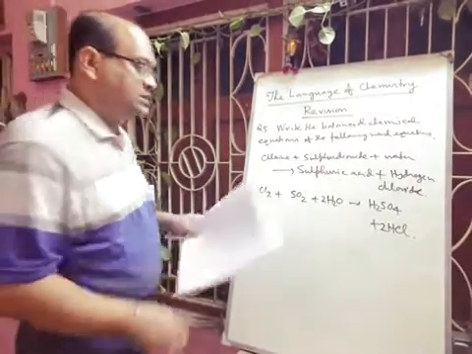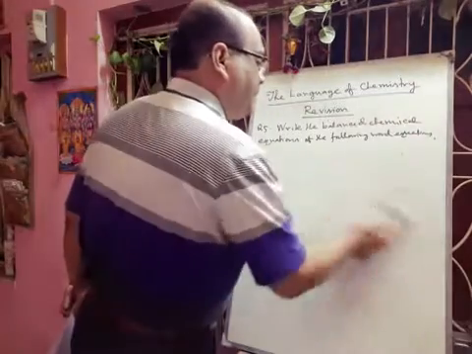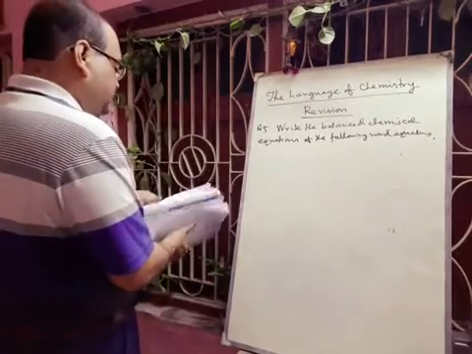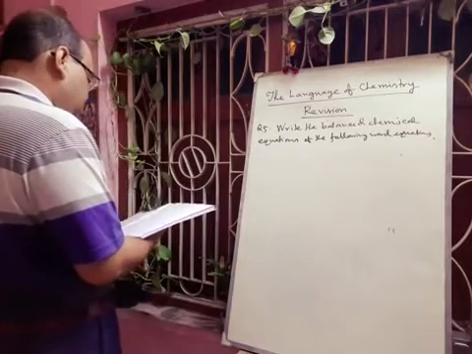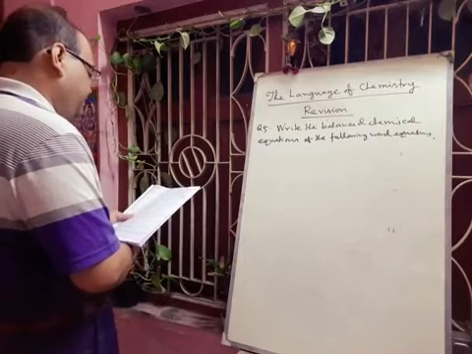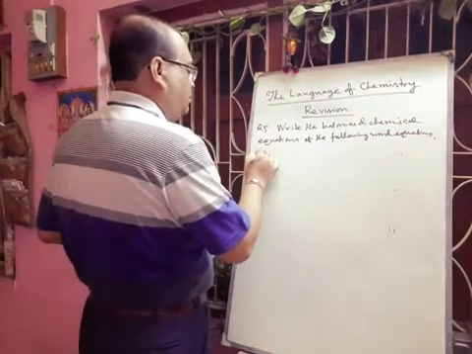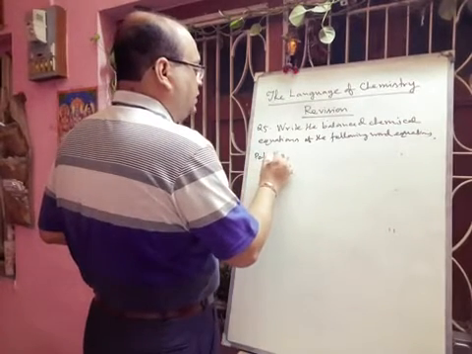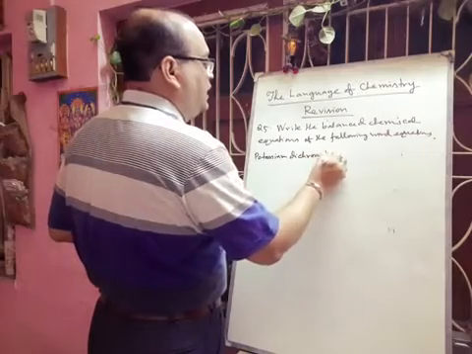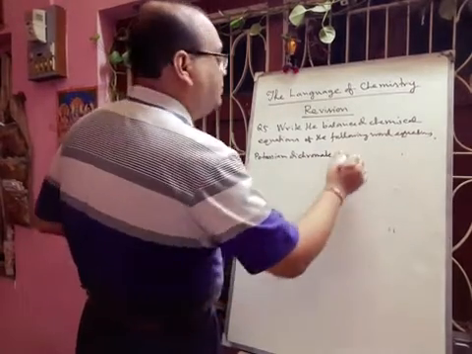Another we will discuss. Taking the example of a big chemical equation, that is potassium dichromate plus hydrochloric acid.